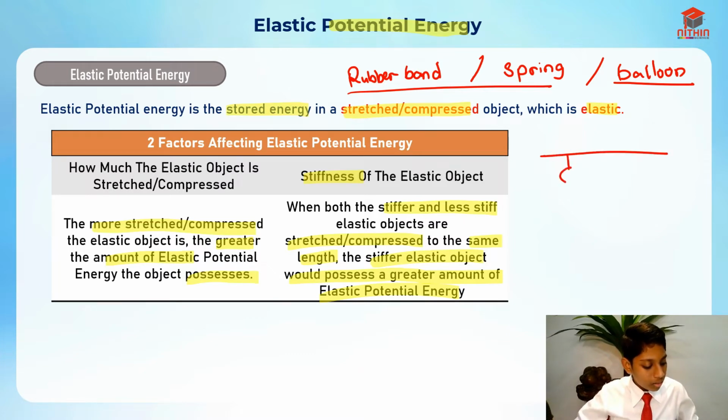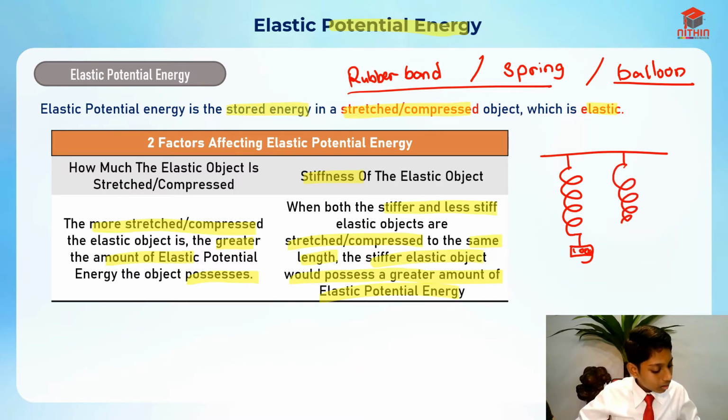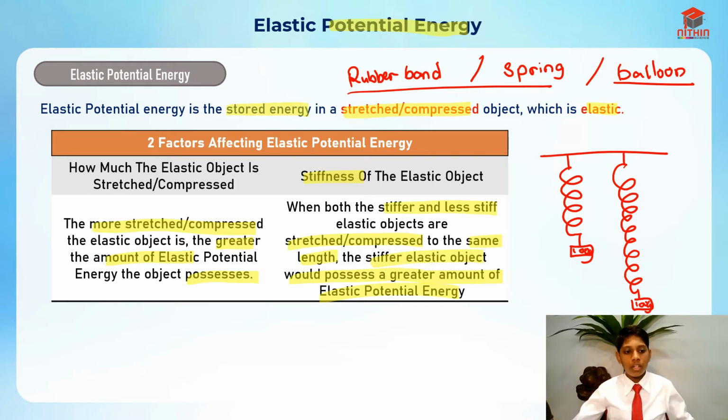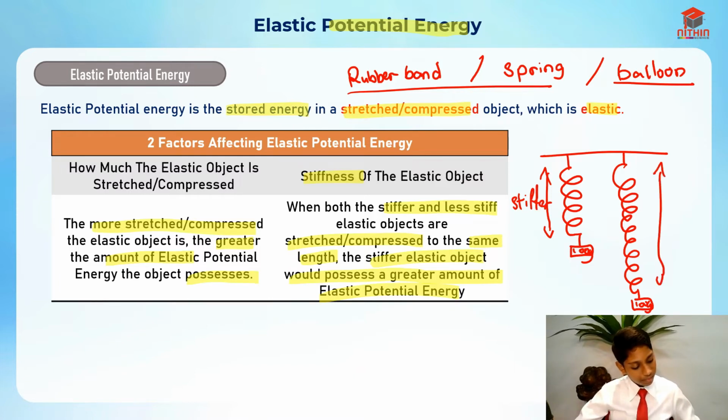If this one has a 100-gram weight on it, and this one also has a 100-gram weight on it, the one which stretches less is the one that is stiffer. So this is stiffer, while this is less stiff.